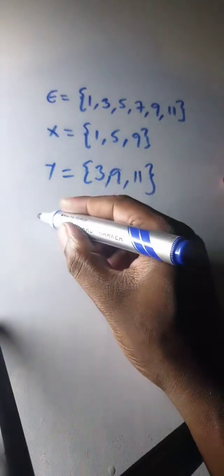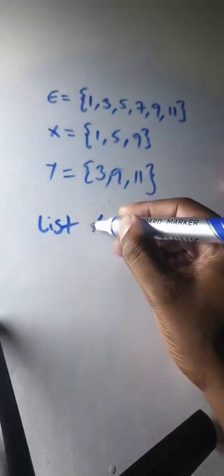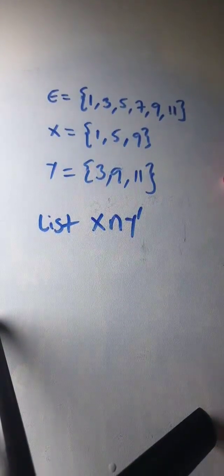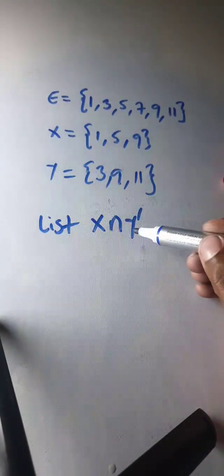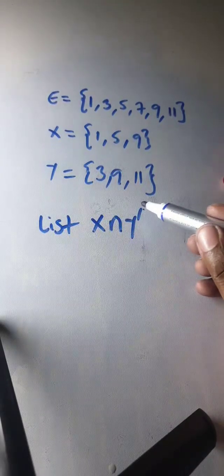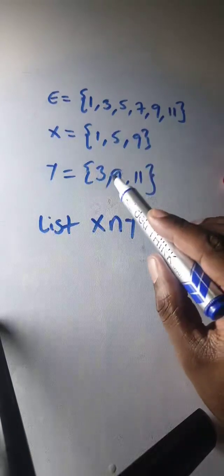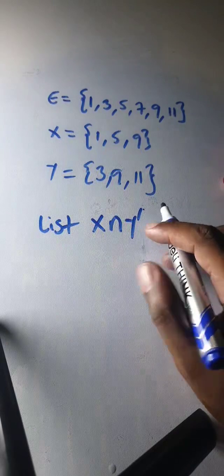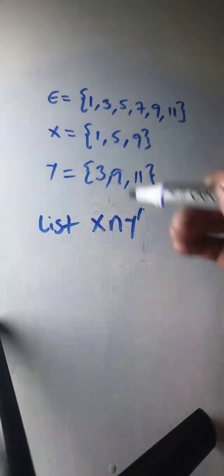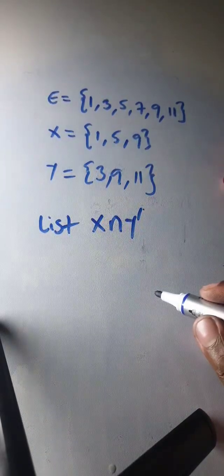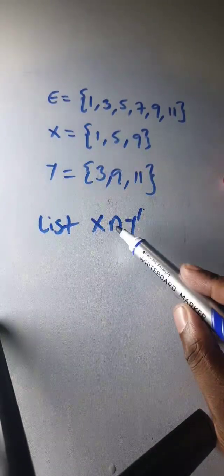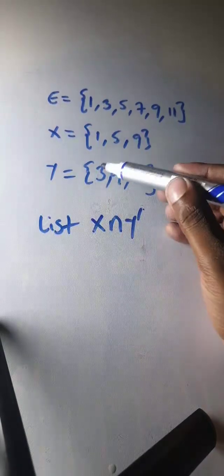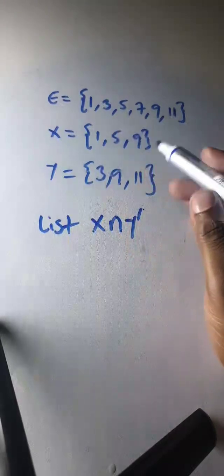Since y complement means we're excluding everything that is in y, then whatever remains will intersect with x. That's what it means. They're saying x should intersect with what is not in y. So we need to make sure anything in y is gotten rid of.